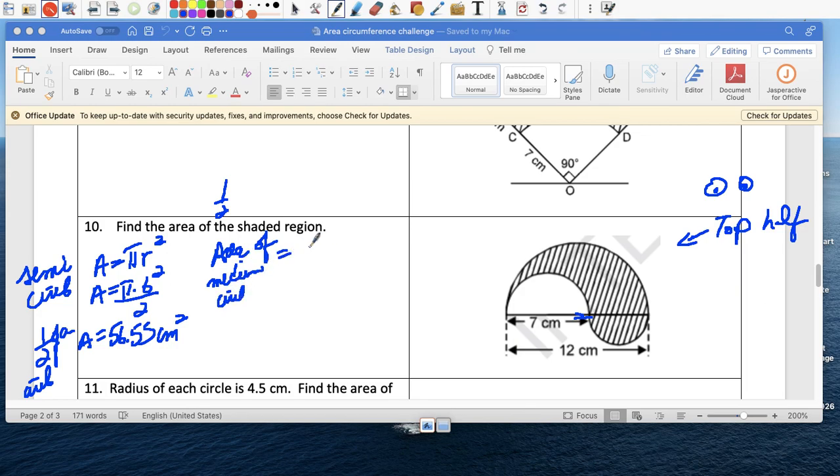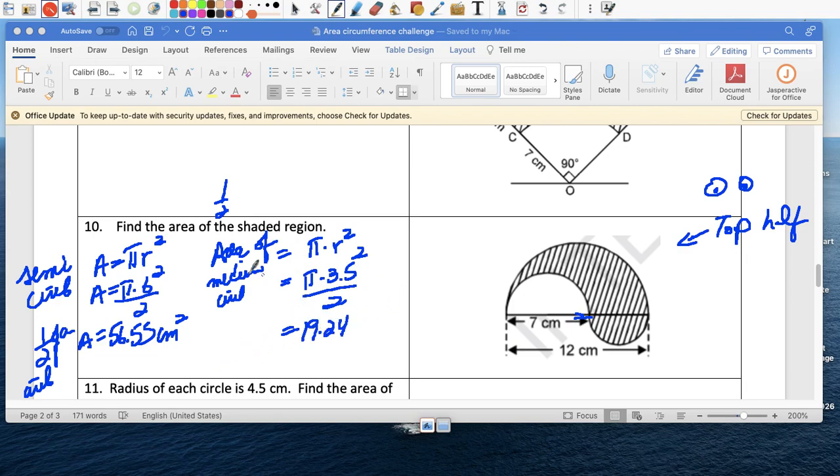So pi r squared. They're telling us the diameter is 7, so the radius is 3.5. So 3.5 to the second power times pi, and we're going to divide that by 2. The area of this half of that circle is 19.24.